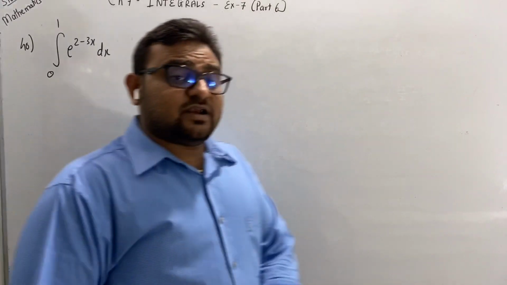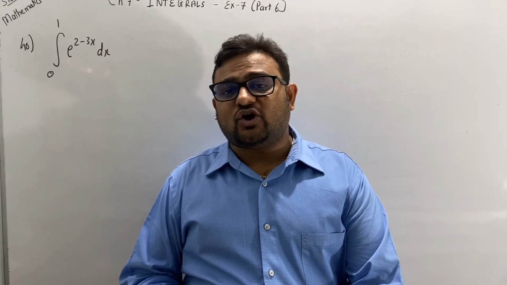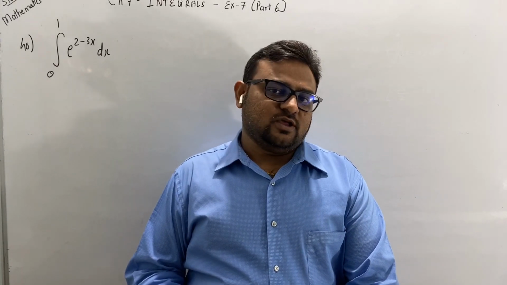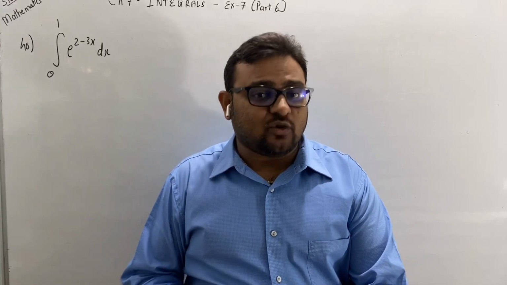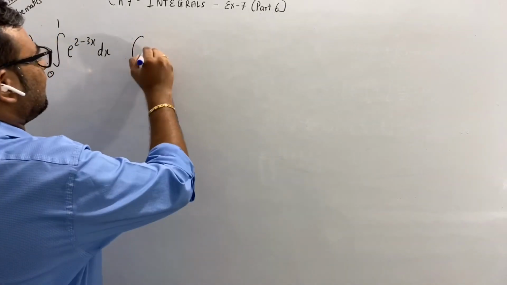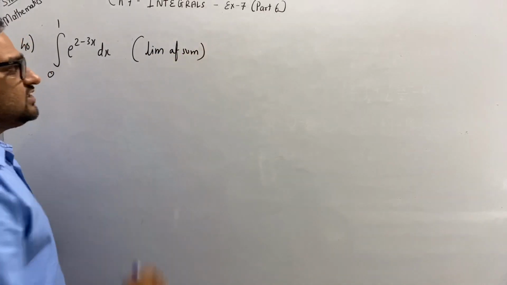Okay, but you have to solve it as limit of sum. You don't have to solve it by direct method. It is given that solve it as a limit of sum using this method.